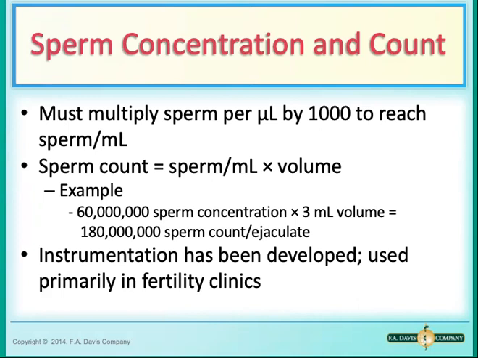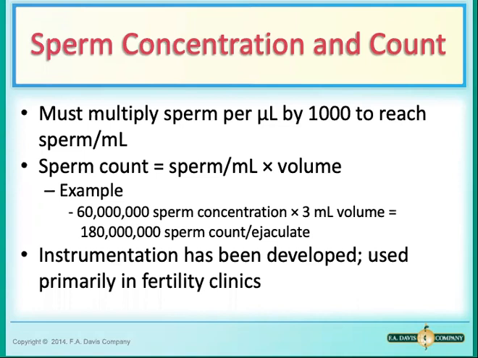The number of sperm that you count can be multiplied by 1 million, or you can add 6 zeros, to equal the sperm concentration per milliliter. Just something to know: sperm concentrations are reported in millions per milliliter rather than microliters. So that's something to keep in mind.